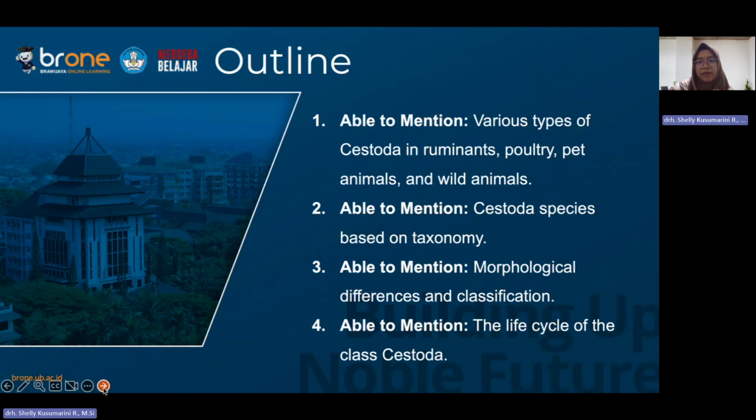First, be able to mention various types of cestoda in ruminants, poultry, pet animals, and also wild animals. Then, be able to mention cestoda species based on taxonomy, and be able to mention morphology, differences, and classification. Last, be able to mention the life cycle and also the class of Cestoda.